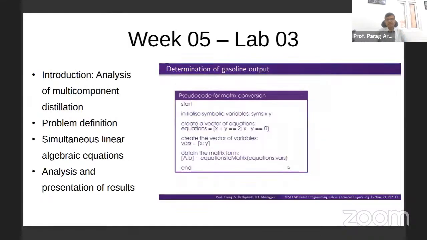There, in fact, is another way, which is using symbolic algebra.